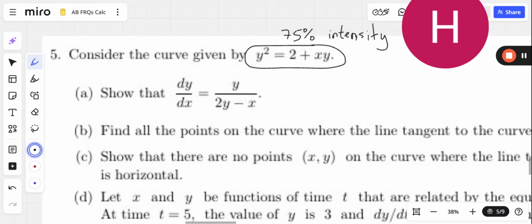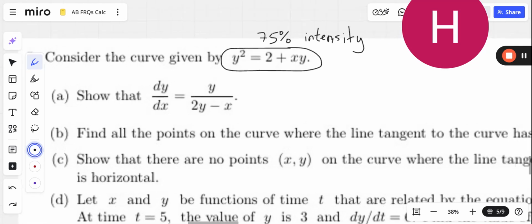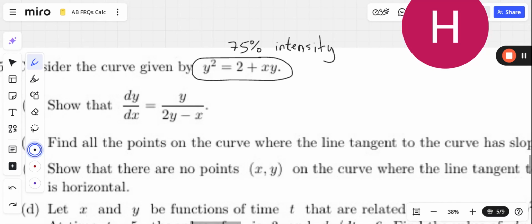They will often do this for part A, tell you to show that dy/dx is equal to this. That's what really gives it away that it's an implicit differentiation problem, if it weren't already clear. So we're going to want to take a derivative of both sides, but you see that there's a y in both sides. So yeah, it's going to turn into a dy/dx situation.